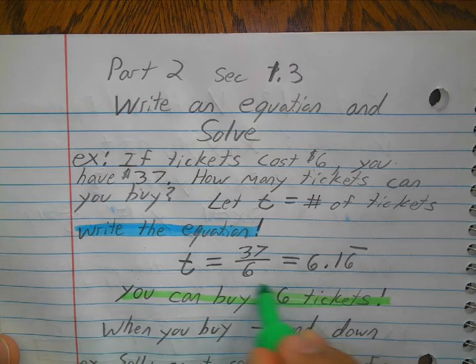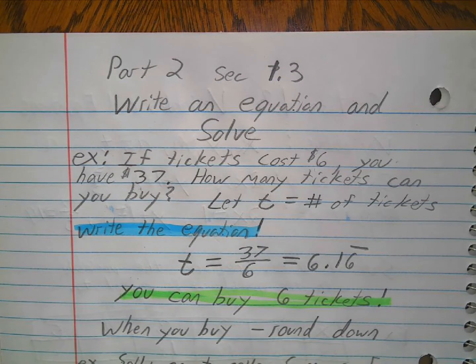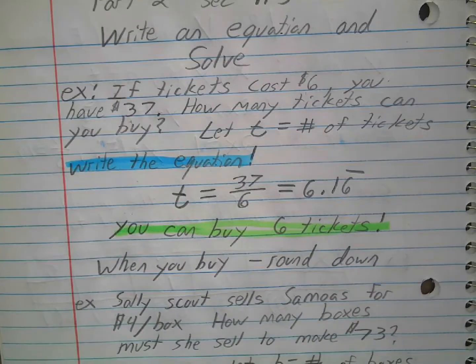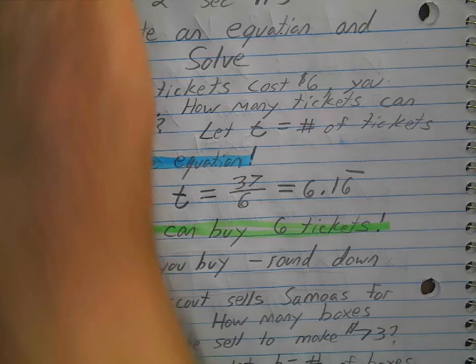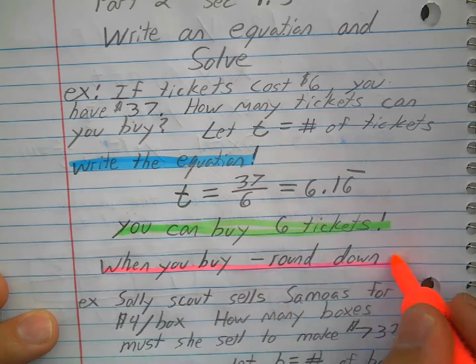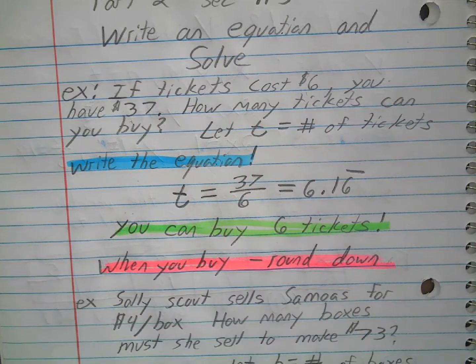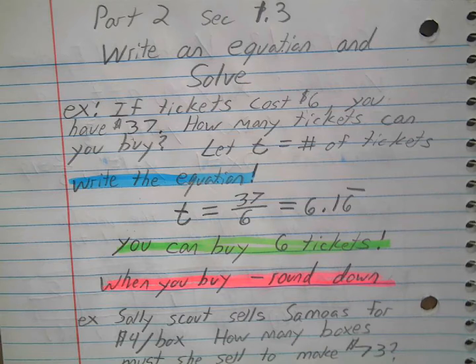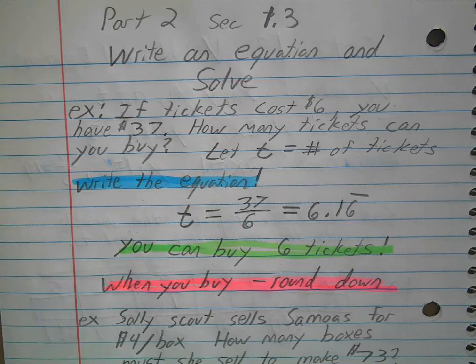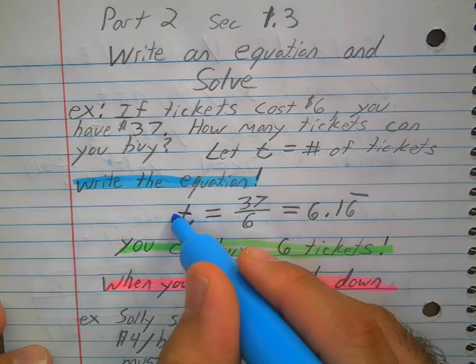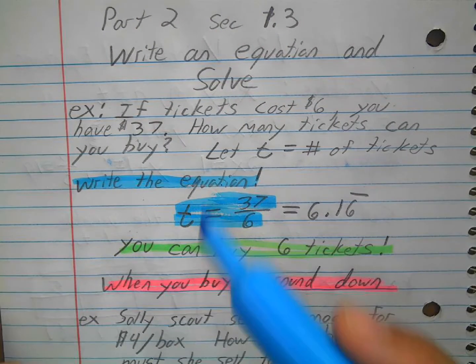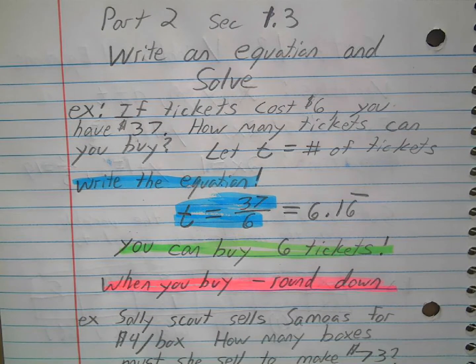This is a nice reminder that when you buy, oh, I highlighted the wrong thing. When you buy, and we'll do this in pink, when you buy, I want you to round down. All right, round down. And if we look here, this right here is my equation that we created. And it's an equation because it has an equal sign.